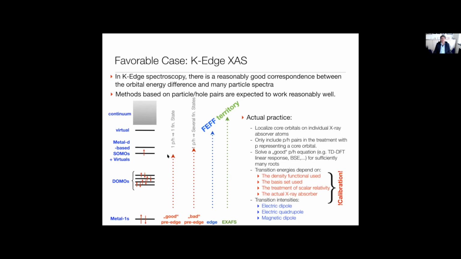Quantum chemistry can be relatively successful here, but it has very little to say about the scattering, which starts somewhere in the rising edge and goes to the EXAFS, and that's why I've marked this here as fifth territory, and I will briefly talk about EXAFS a little down the road.